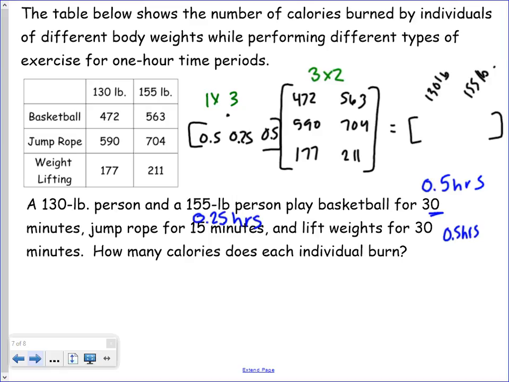So go ahead and do that in your calculators. I'll do 0.5 times 472 plus 0.25 times 590 plus 0.5 times 177.